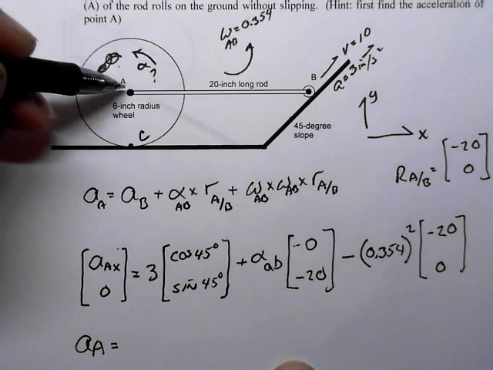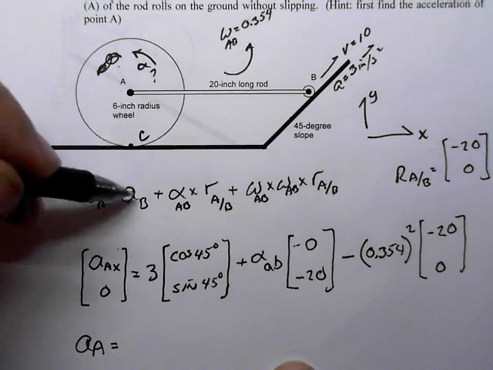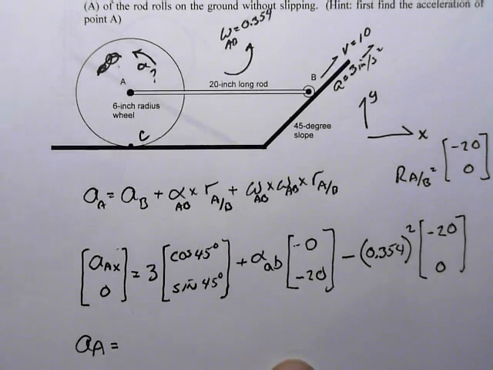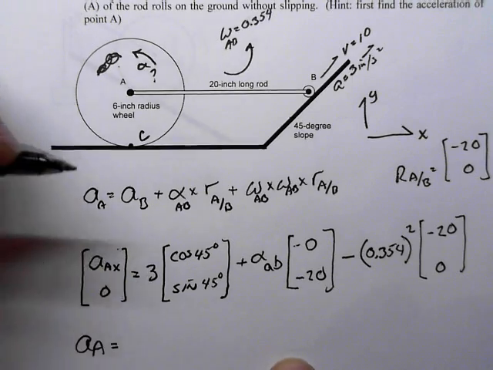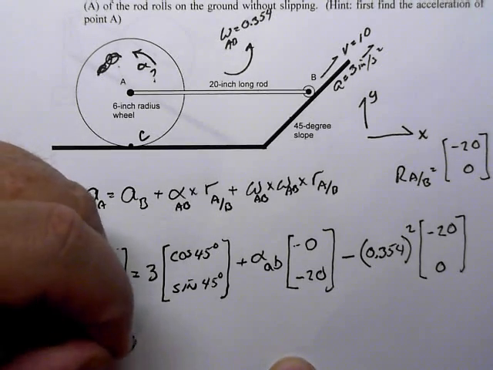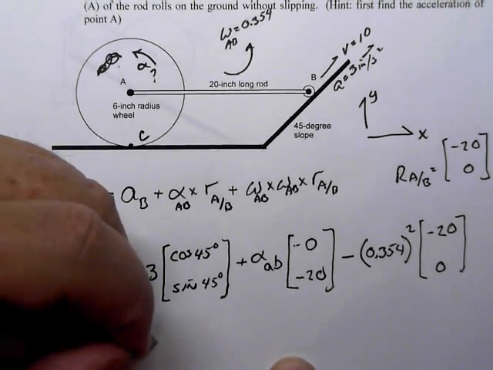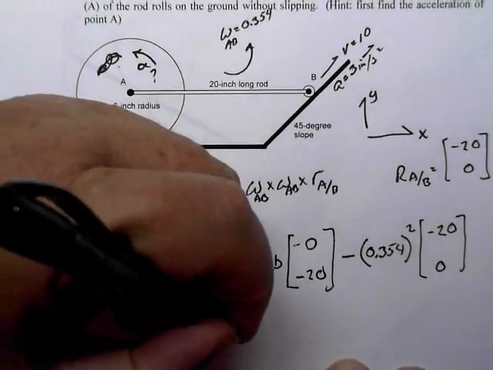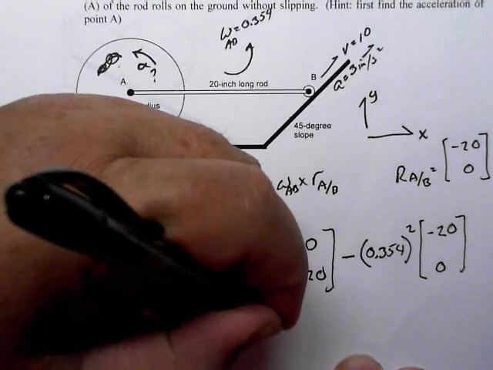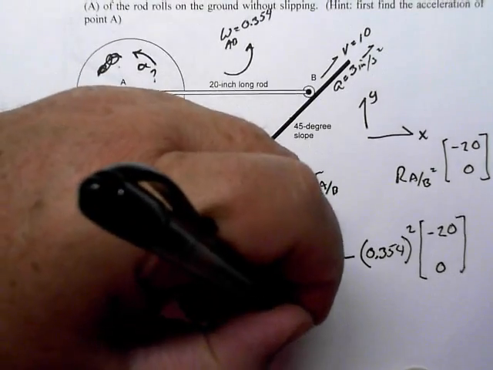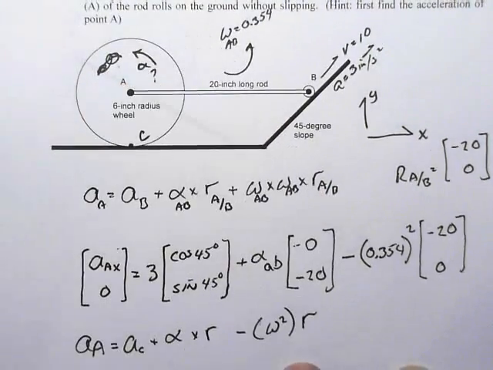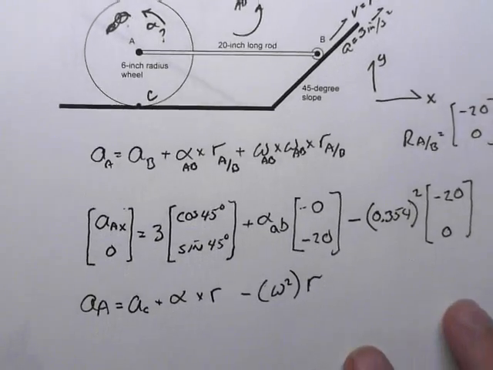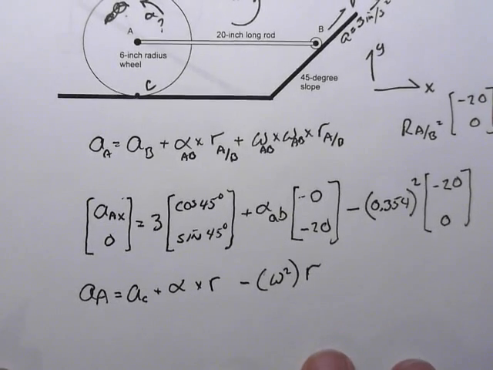This is going to be more complicated than it needs to be. I'm going to write it out anyway. Is the acceleration of point C plus some alpha cross R minus some omega squared times R. We'll take that liberty at this point since we've done it before.